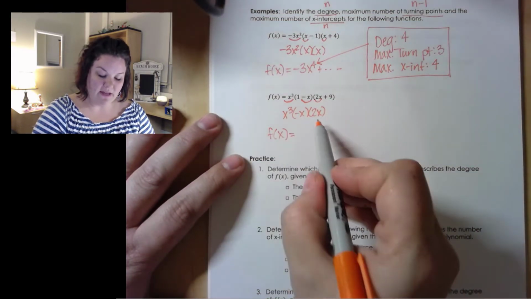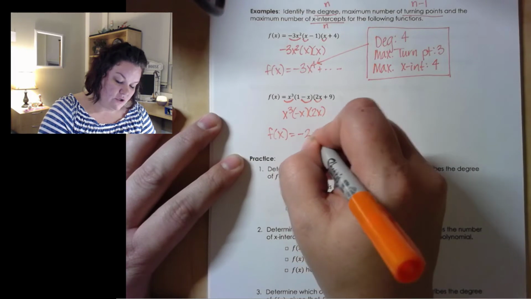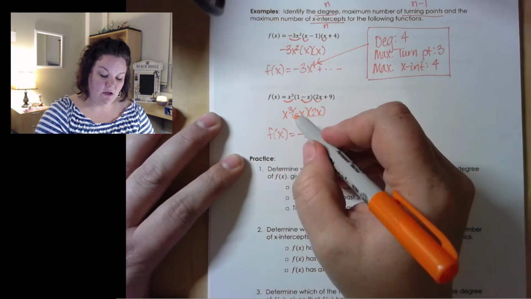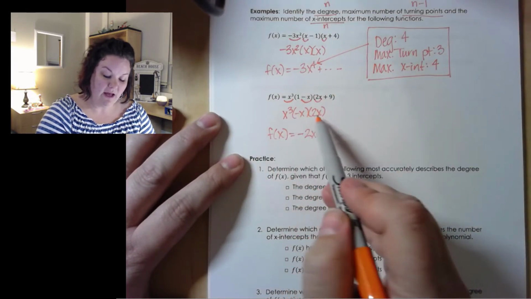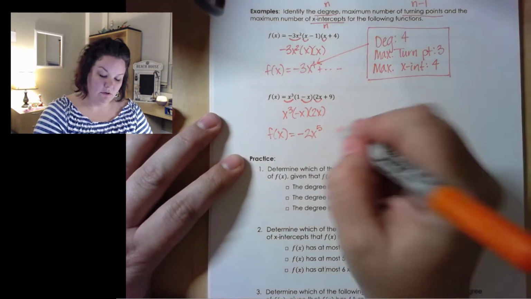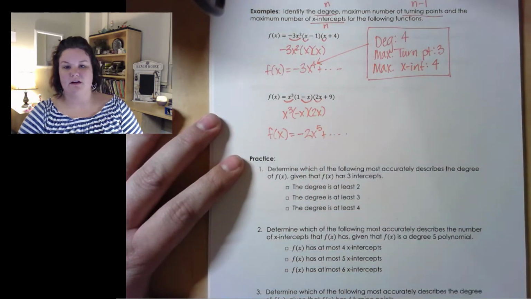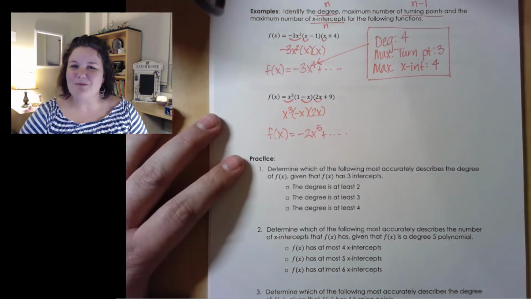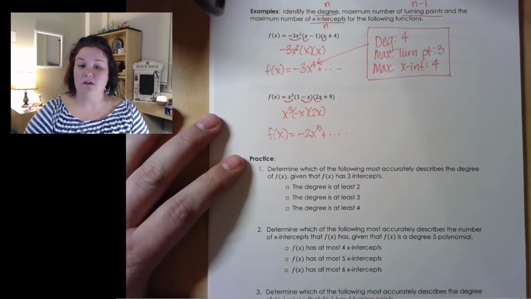So when I multiply all that together, I'm going to get negative 2x to the, let's see, 3, 4, 5. So negative 2x to the 5th power. Okay, and there's going to be other stuff that comes after that, but we don't care what it is because we're just trying to figure out the degree.